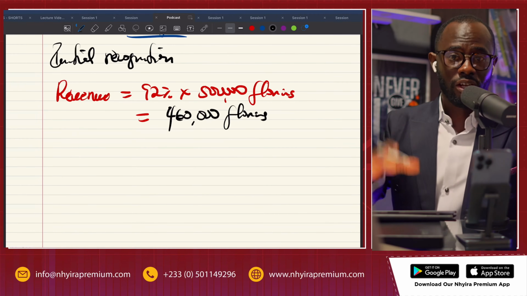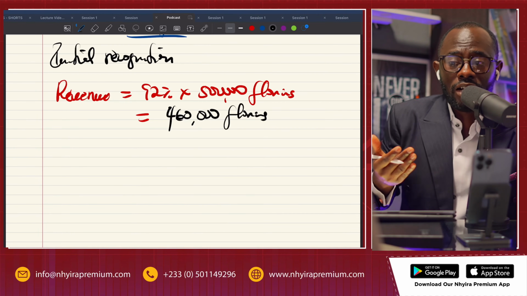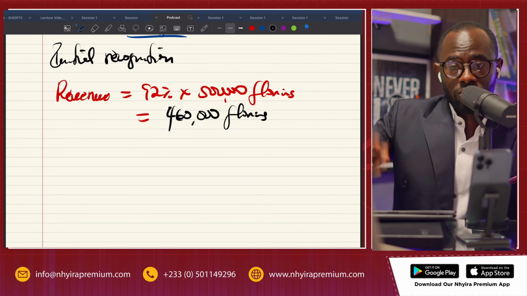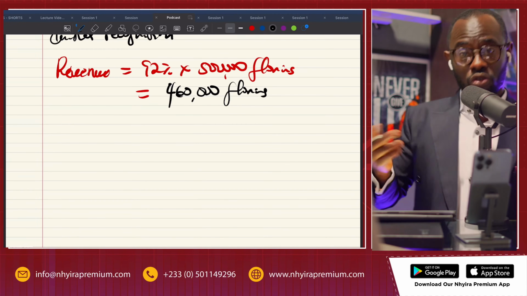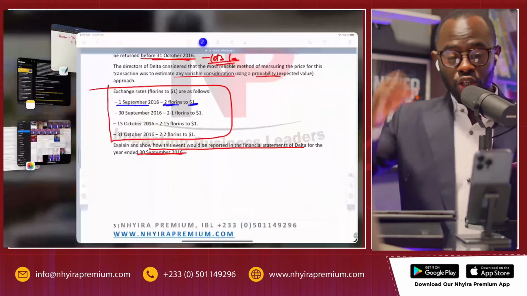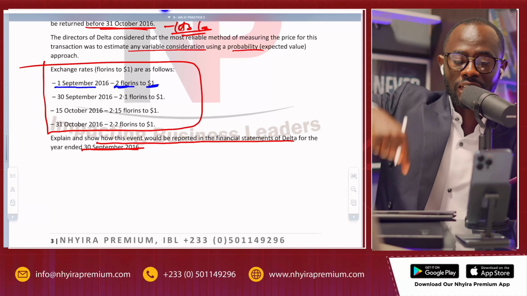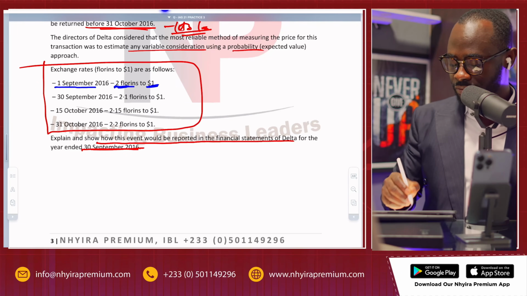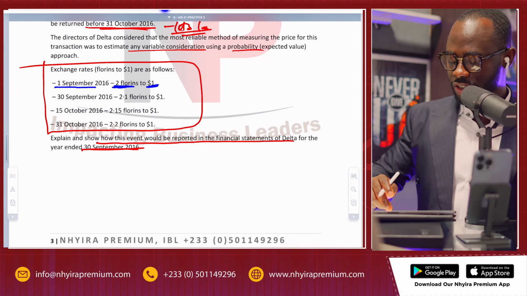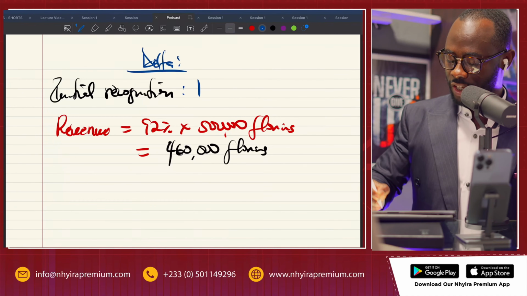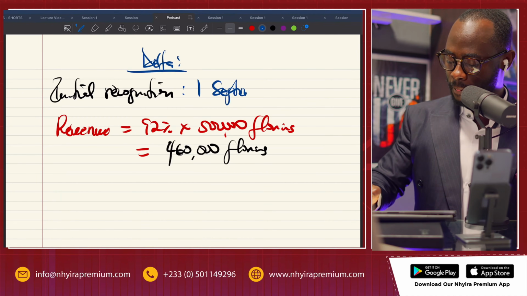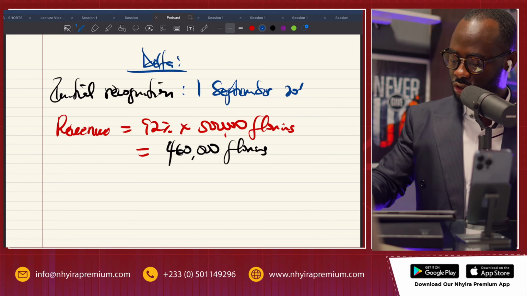But we are not done because company Delta is dollar denominated. That's their functional currency. So we convert that into dollars using the exchange rate at the date of the transaction, which is 1st September 2016, 2 florins to $1.